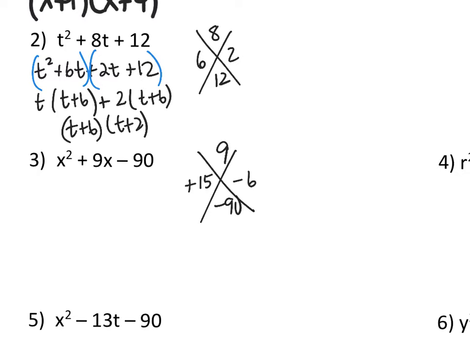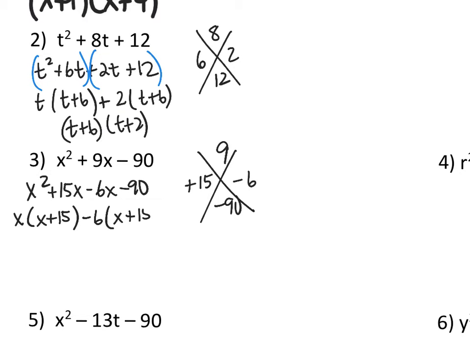Okay, so it's going to be x squared plus 15x minus 6x minus 90. Take out an x, I'll be left with x plus 15. Take out a negative 6, I'll be left with x plus 15. So my factors are x plus 15 and x minus 6.